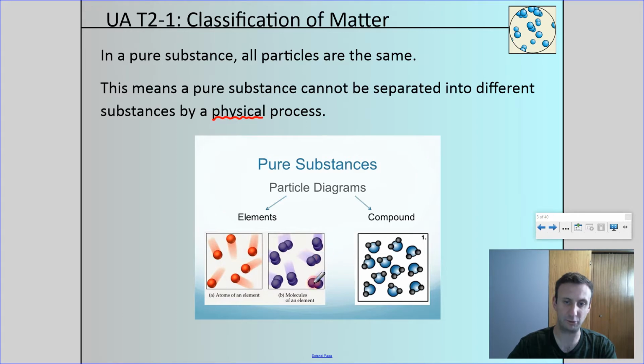If I take a look at a compound, every particle of this compound is the same as well. In fact, this would be a representation of water, H2O. I have two hydrogen atoms and one oxygen atom, but every particle is the exact same particle, which is what I have in a pure substance. Every particle is the same.